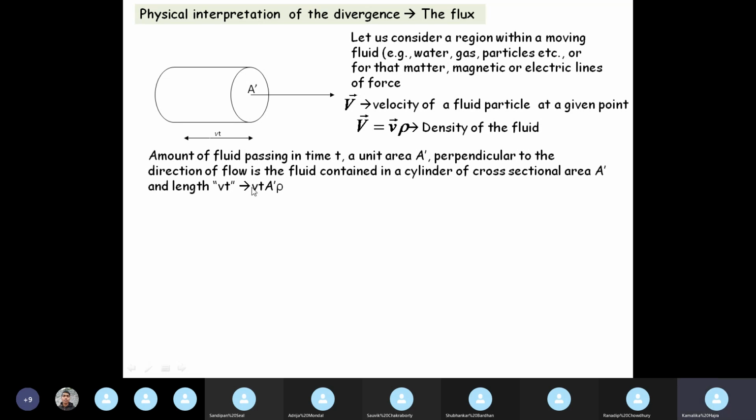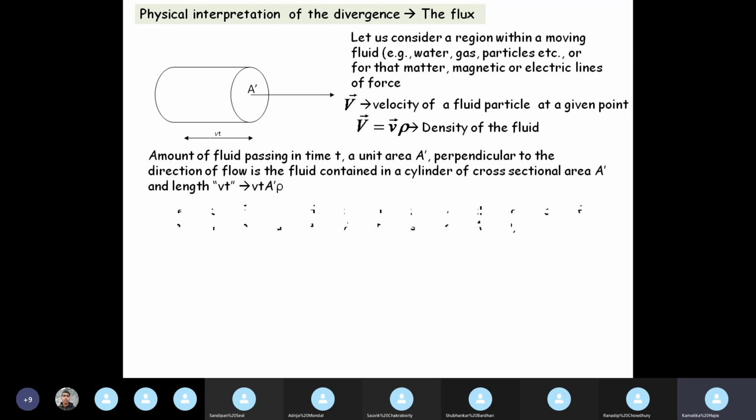Vt A prime is the volume of this cylinder and rho is the density of the fluid. So volume into density gives you the mass of the fluid that passes this area A prime, which is perpendicular to the direction of flow, in time t.